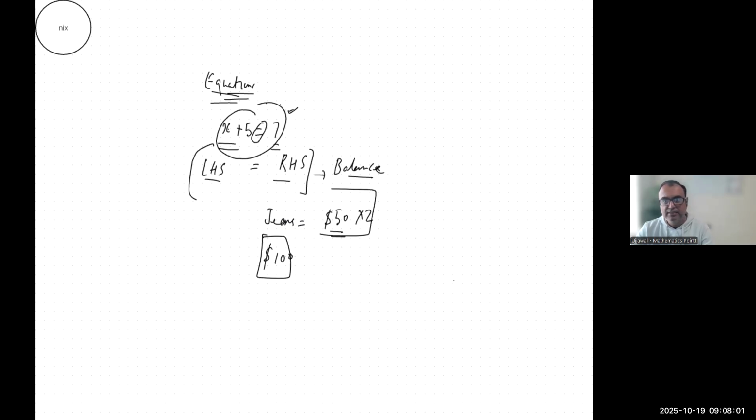In hindsight, in this calculation, what I've done is I have solved a linear equation. So rather than getting two jeans, if I don't know how many jeans I need to buy, then I replace this 2 with an unknown x. So the cost that I'm going to pay for the jeans is 50 times x, and that is a linear equation.